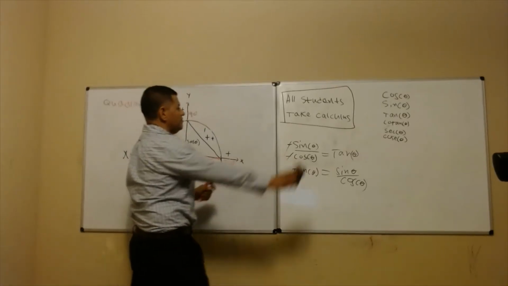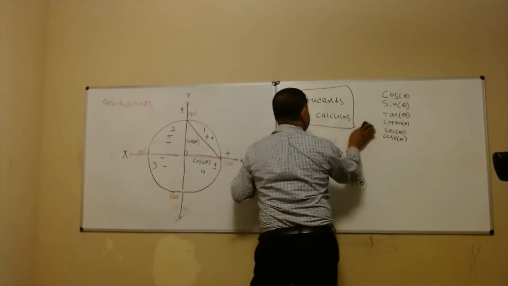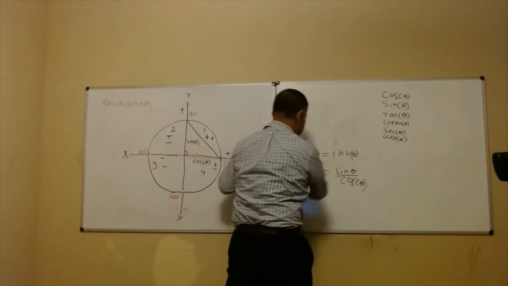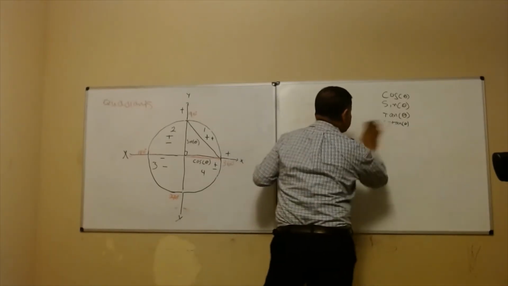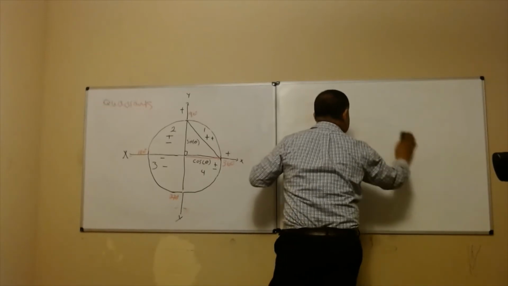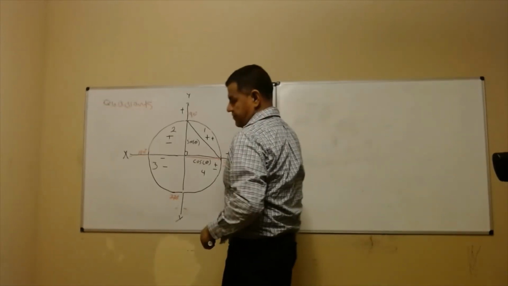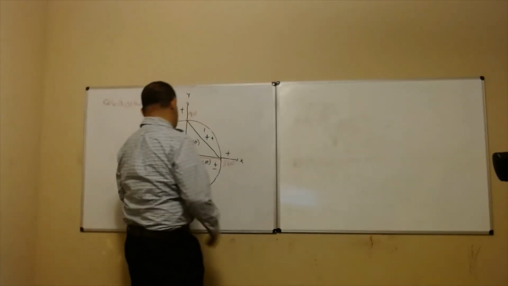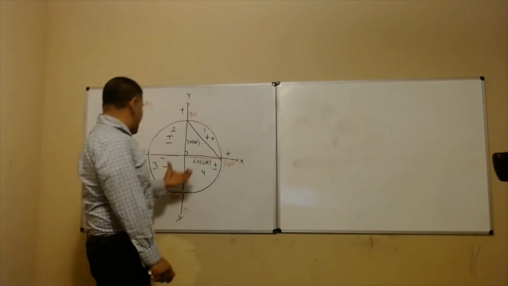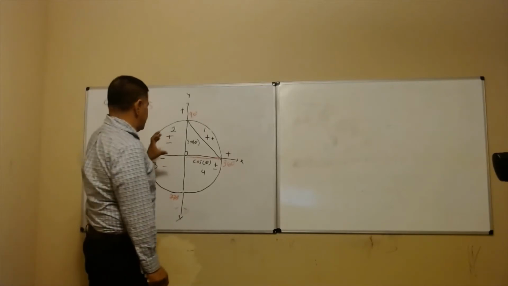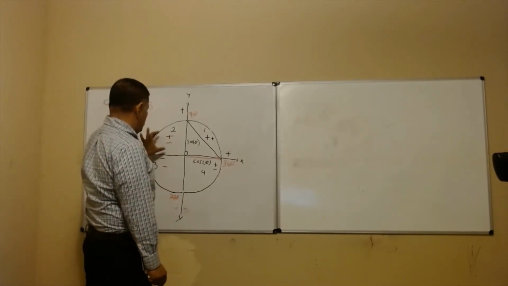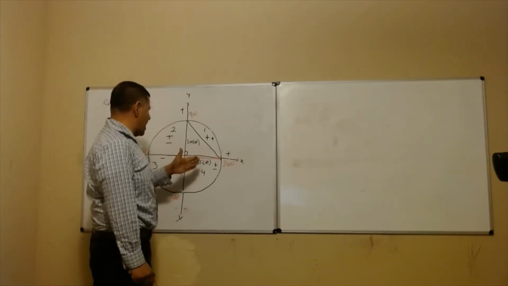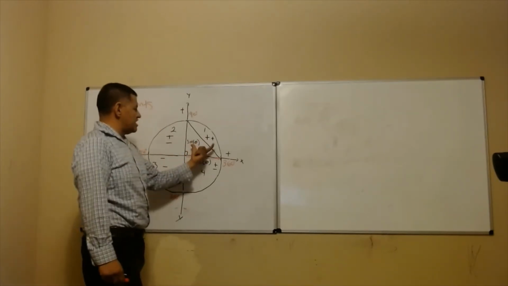So, let me erase this. Now that we have this, we know that over here sine and cosine are positive, and also tangent is positive.